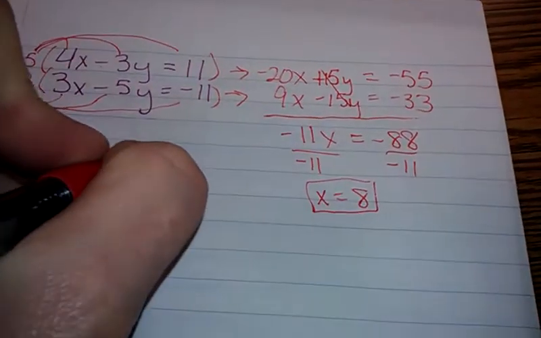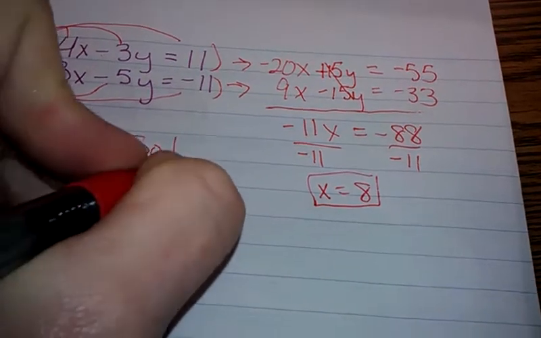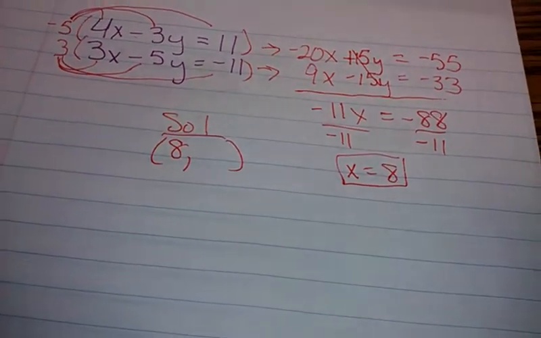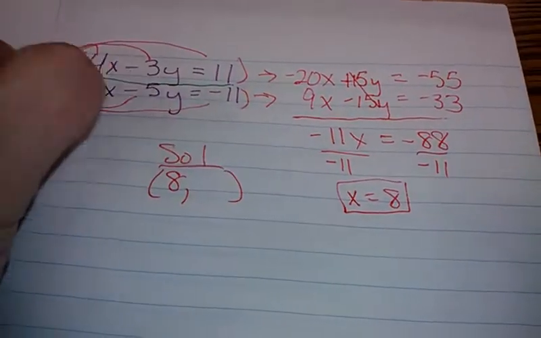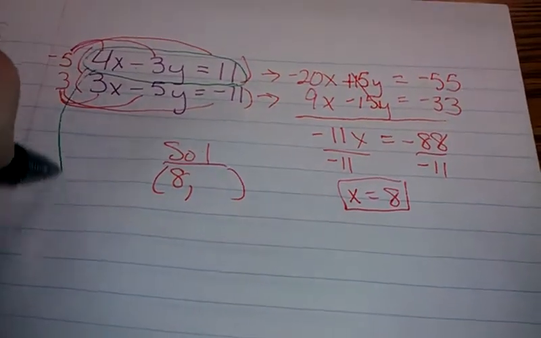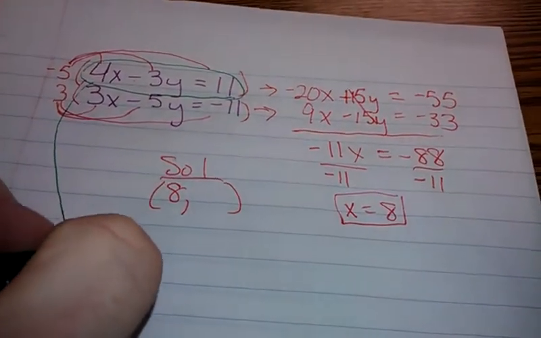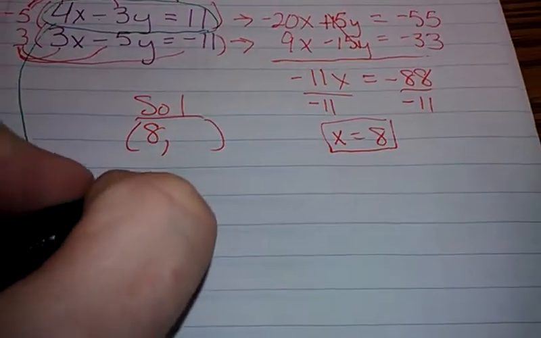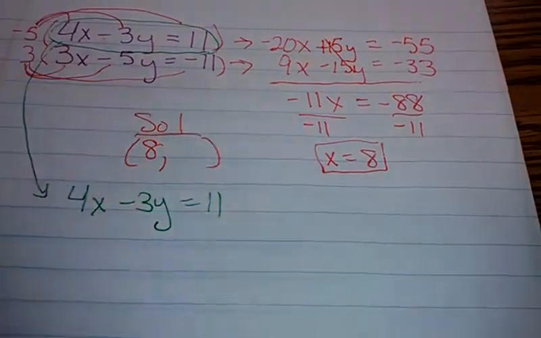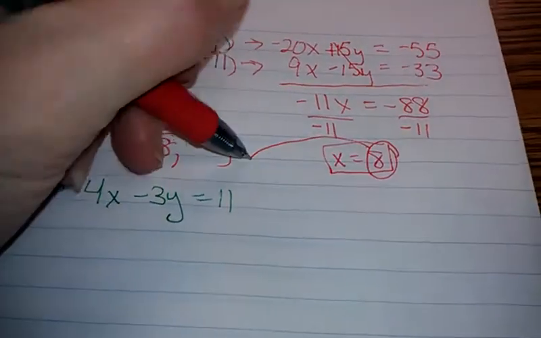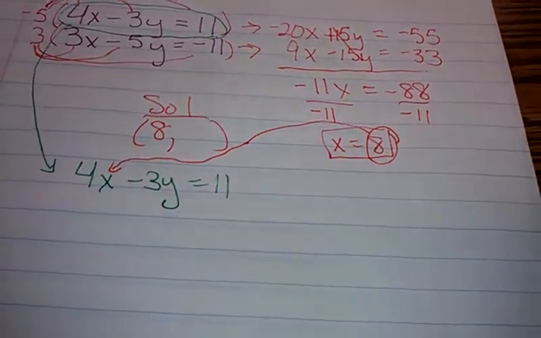So for my solution, my x is 8, but I don't know my y. Choose one of the two equations. I'll go up here. I'm just going to choose the first one. 4x minus 3y equals 11. X is 8. I'm going to take this and substitute this in here for x.